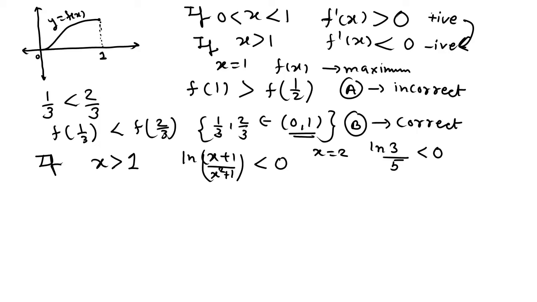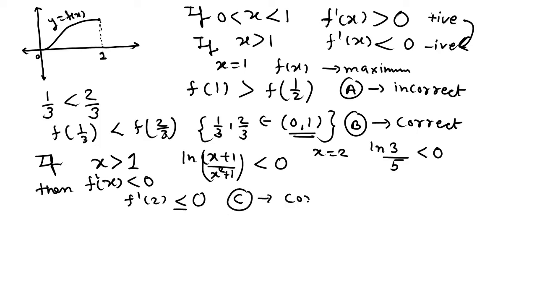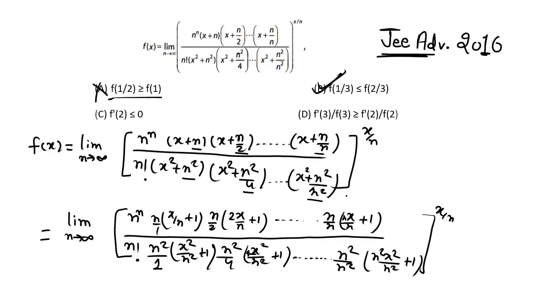So if x is greater than 1, then f'(x) is less than 0. Because 2 is greater than 1, we can say that f'(2) is less than or equal to 0, and option C is correct. So option C is also correct.